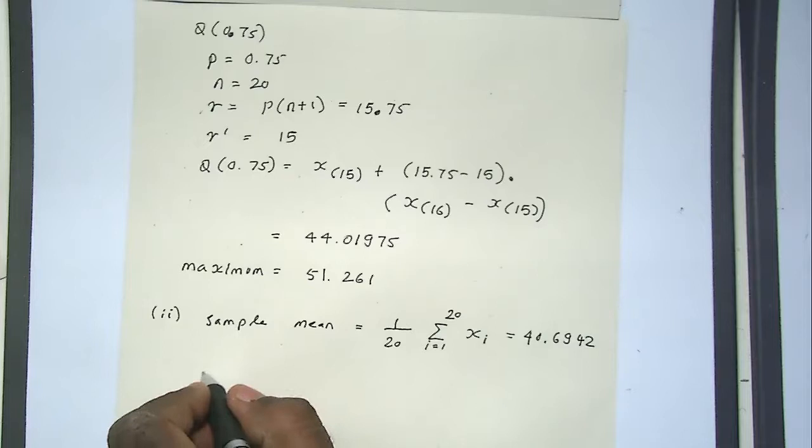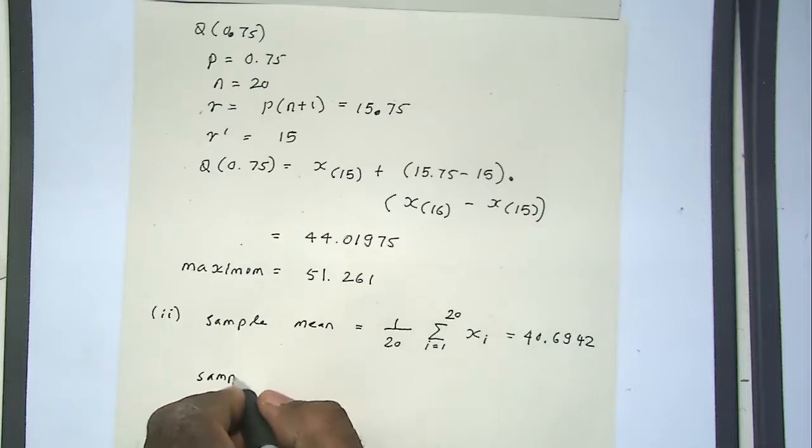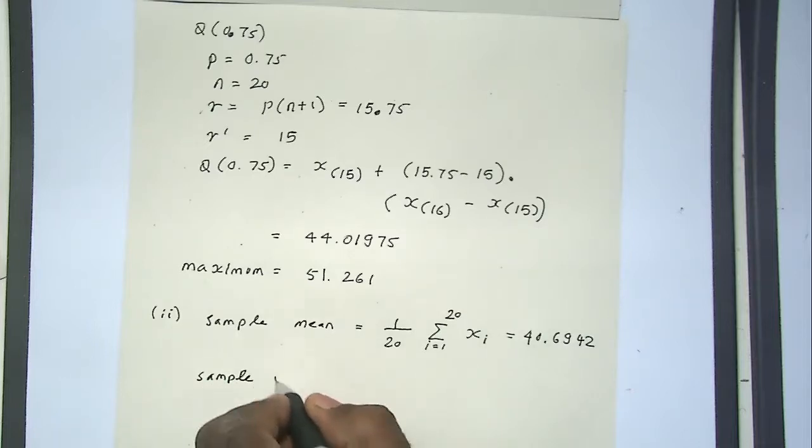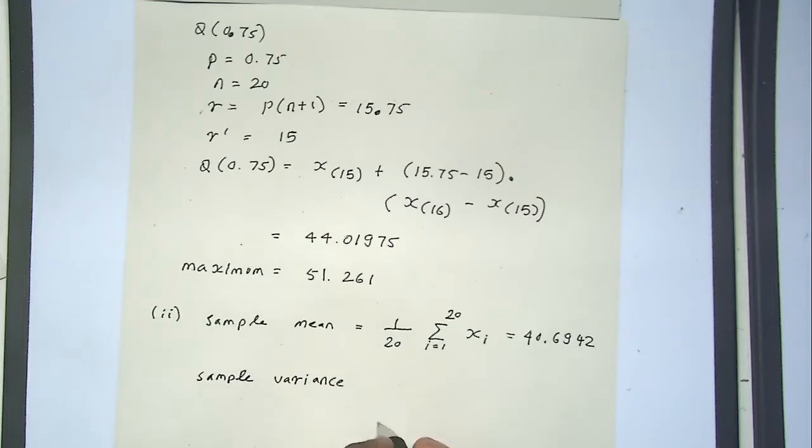And the sample variance. Now I'm going to use the unbiased version. You remember I gave you two formulas for sample variance. One is the unbiased version, the other is the biased version. You can use either, but I'm going to use the unbiased version here.